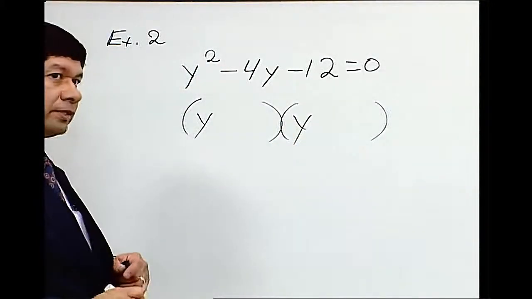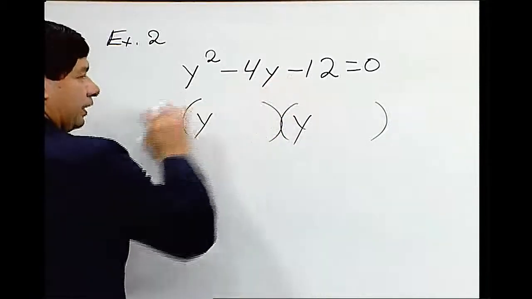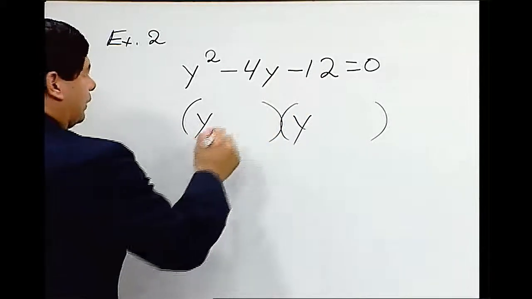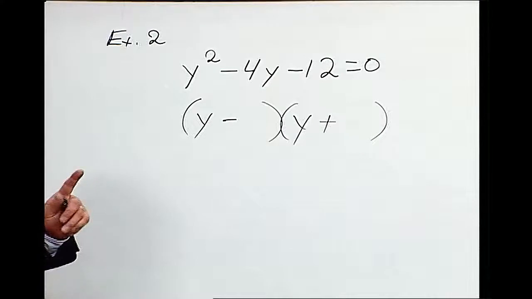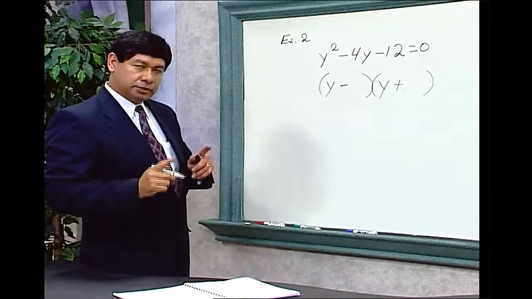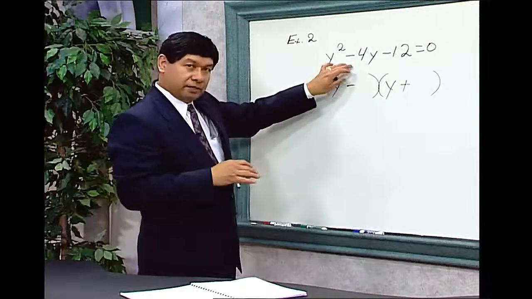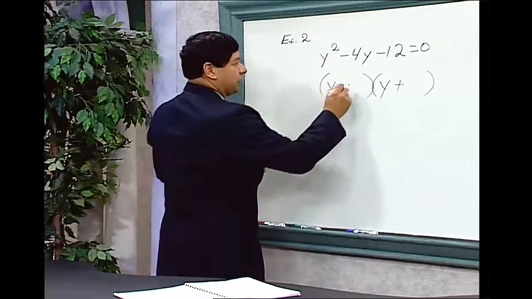We must have a positive and a negative term, because when we combine them we're going to have a negative, and when we multiply, we'll have a negative also. So I'm going to put a negative and a positive. My largest term will be negative, because when I combine them, I have a negative term. And I'm willing to bet it is 6 and 2. Let's give it a shot.